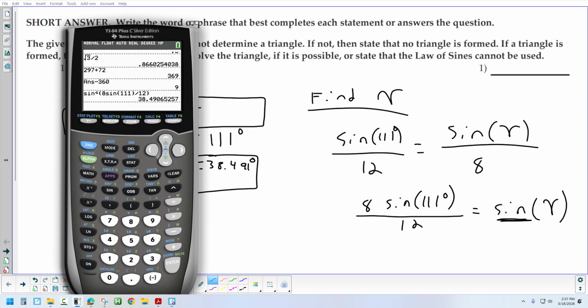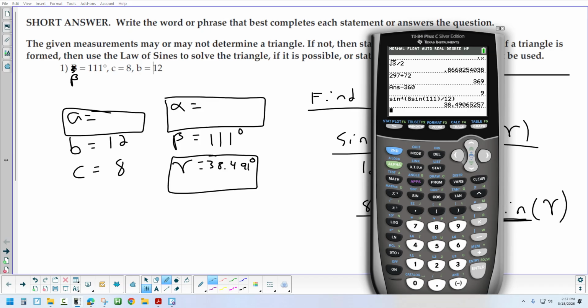Now, what do I have to subtract that from to check if there's a second answer? 180. Yep, I'm going to subtract that from 180. I'm not saying there's a second answer, I'm checking. So if there's a second answer, it would be 141.509. Does that angle fit with the one they gave me?